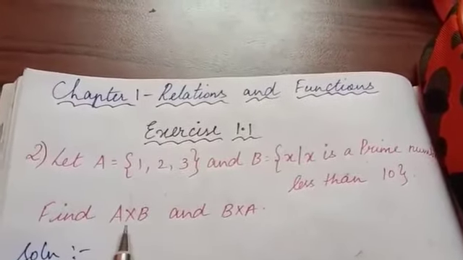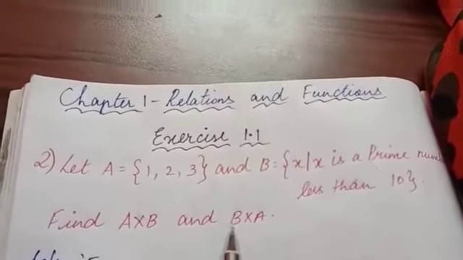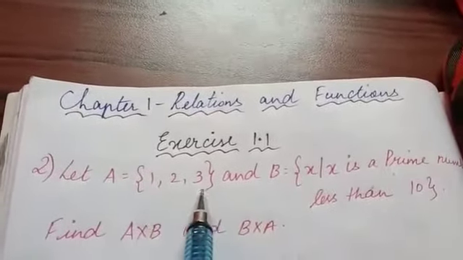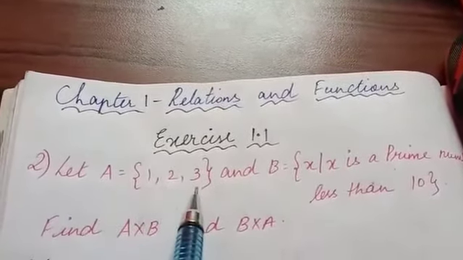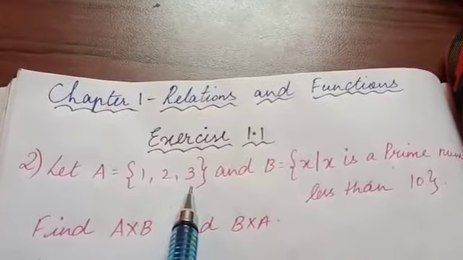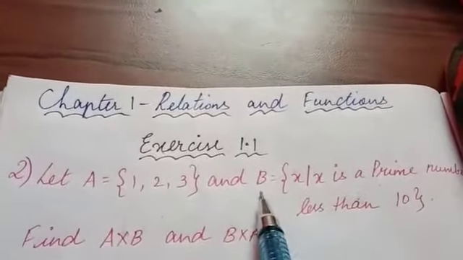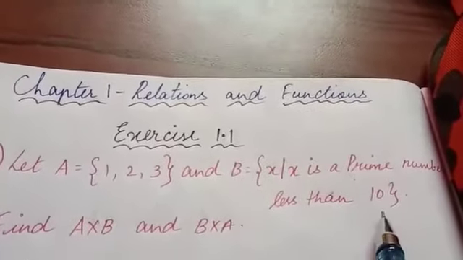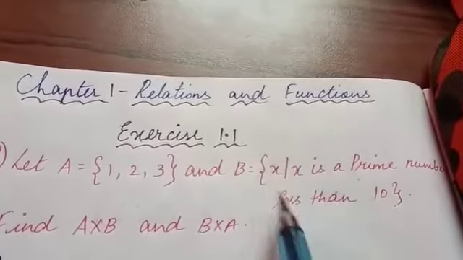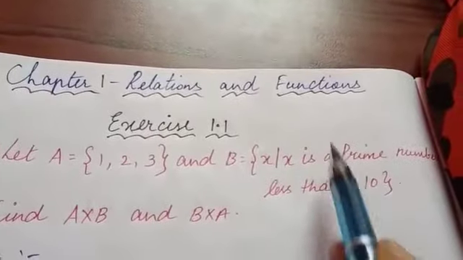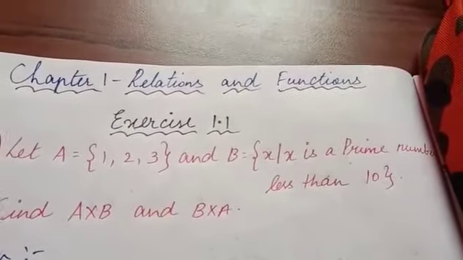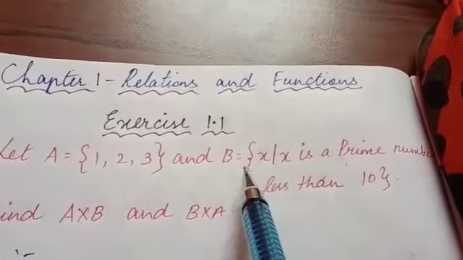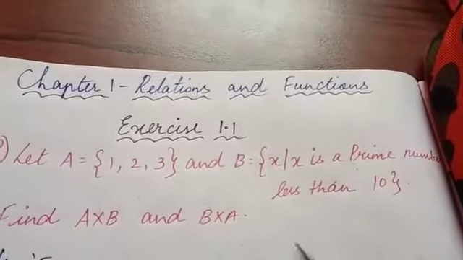Find A cross B and B cross A. Here the elements of set A are directly given, whereas set B is given in set builder form. So we have to convert it to the roster form, that is, find the elements of set B.